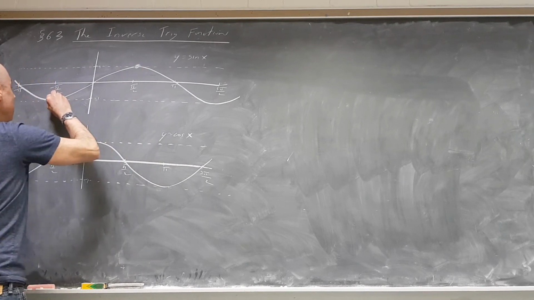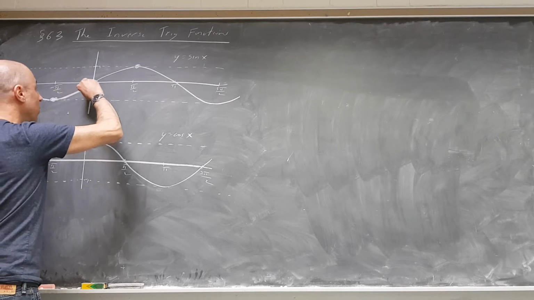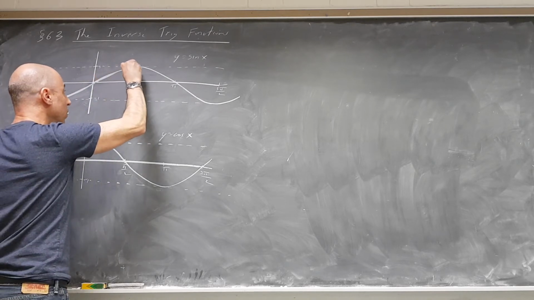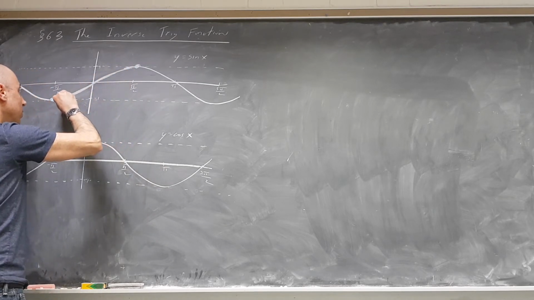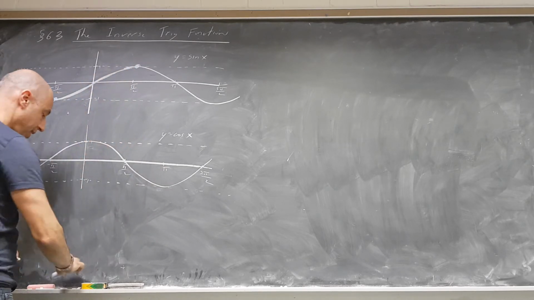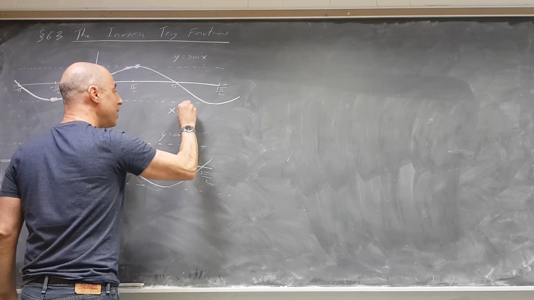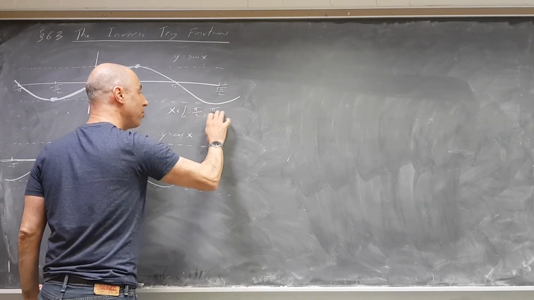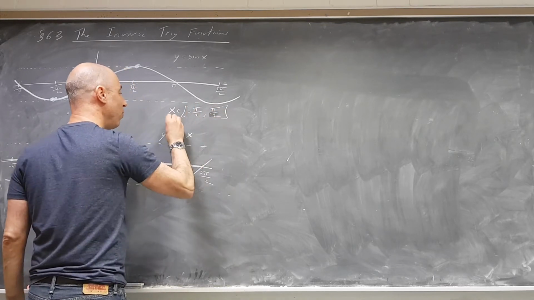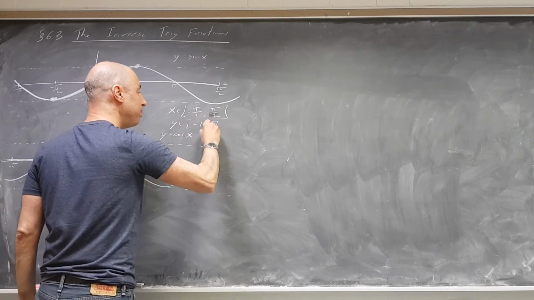So we only take this piece of the curve. Just that much right there. And of course, when we take that much, our domain is negative pi over 2 to pi over 2. Those are our x values. And our range, which are the y values, are negative 1 to 1.